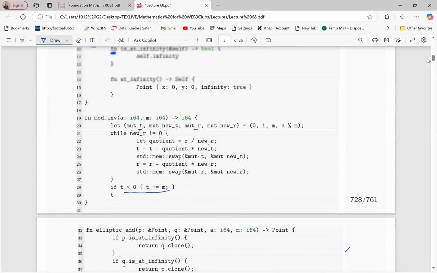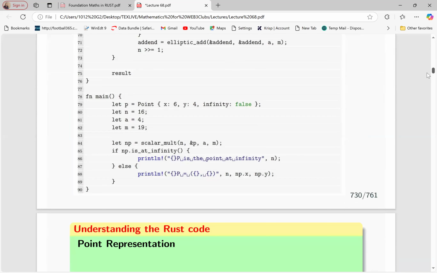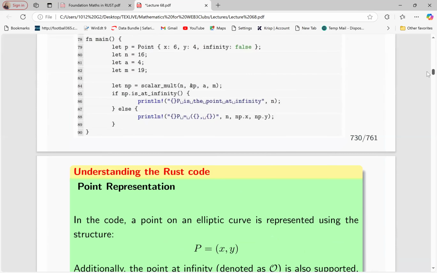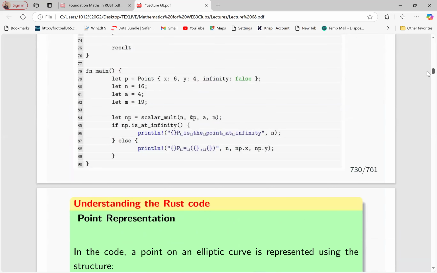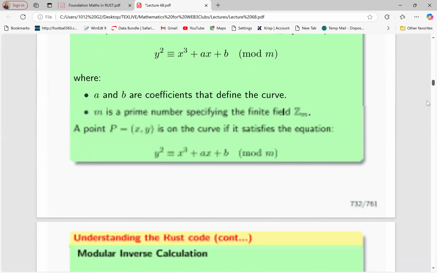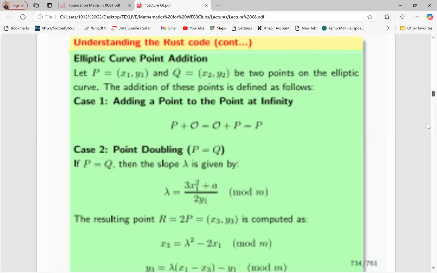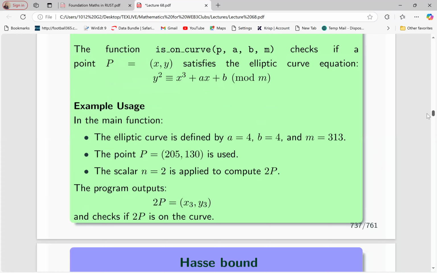Oh yeah, it's in the main function. The main function is the one that is doing that. And how does it do this? To check if the point is on the curve, it substitutes the value of x and sees if it gets the same value of y that it has.